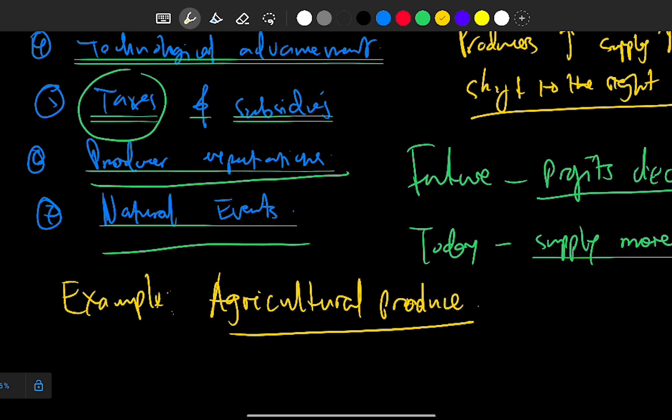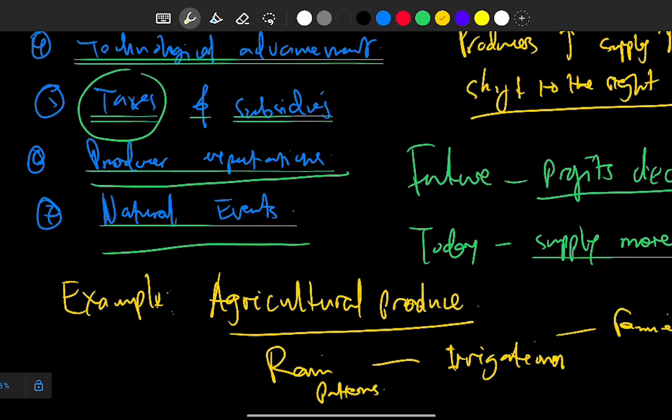And this applies to agricultural produce that relies on rain, because there are, of course, other producers who may decide to do irrigation. And if they are doing irrigation, it means rain patterns may not have so much impact on the agricultural produce. But if the agricultural produce is relying on rain, natural events like droughts and famine will affect the agricultural produce.